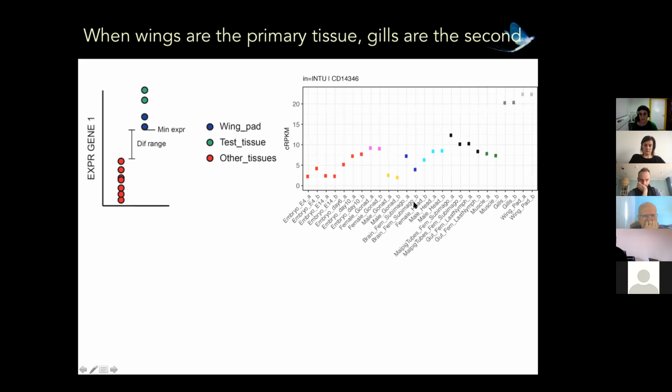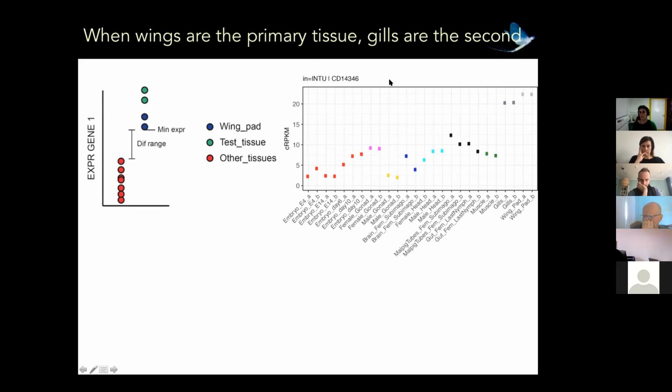For example, here is one gene which is highly expressed in wings and in a second tissue, which happens to be gills, and in the rest of the transcriptomes, it is not highly expressed.